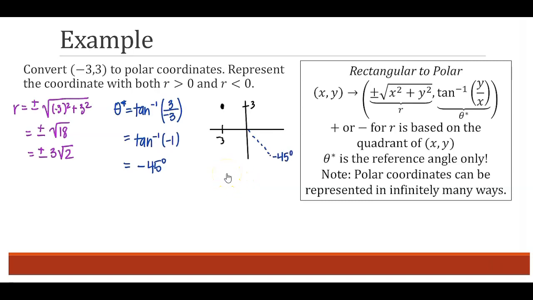So now let's think about how we're going to use this angle and the correct directed distance to navigate someone to this coordinate point. Let's start by using negative 45 degrees.